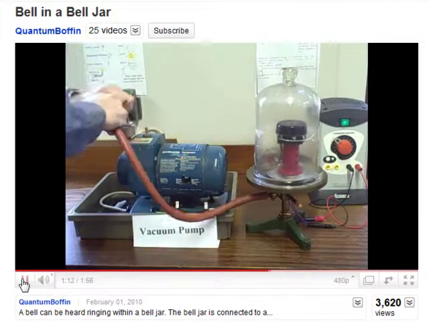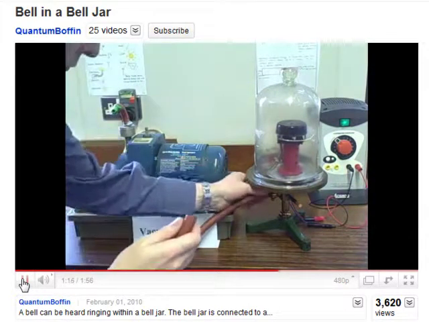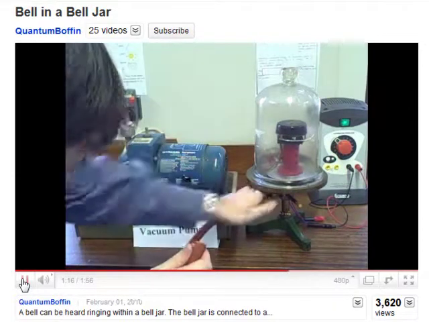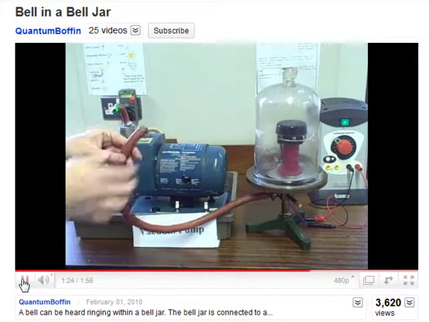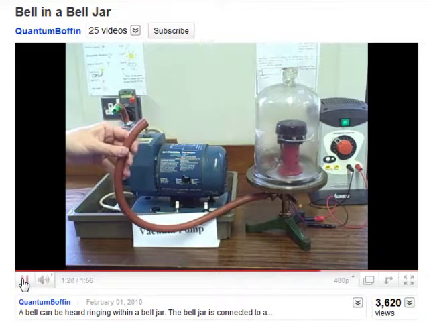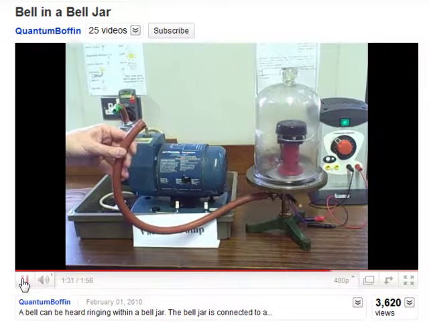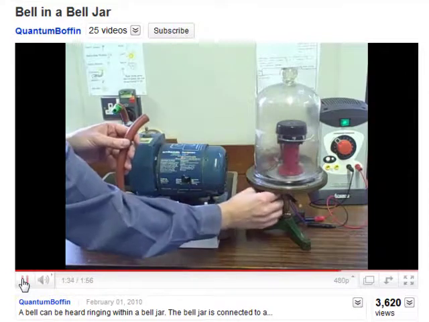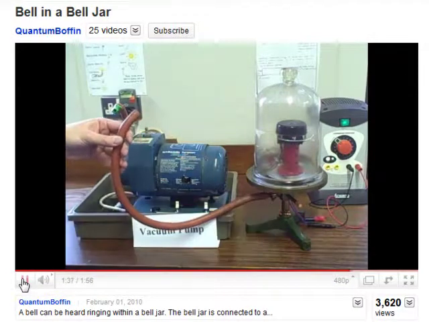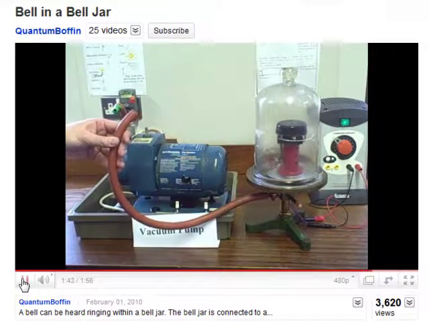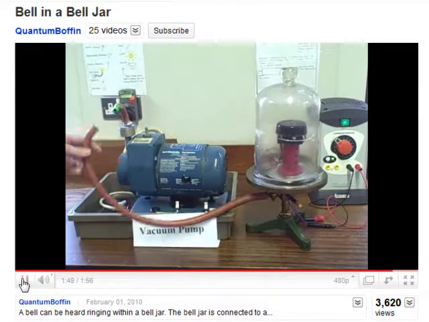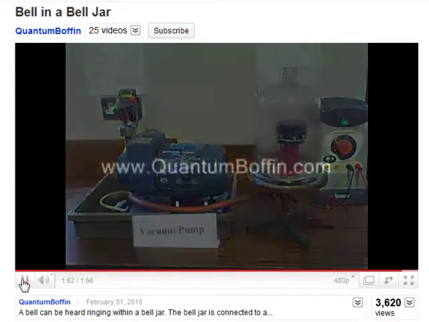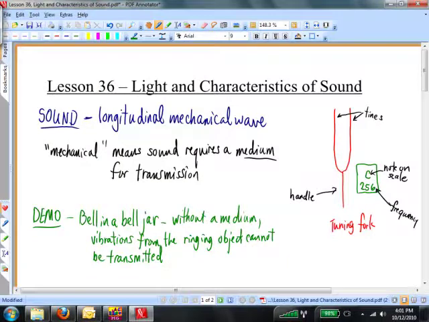You may be able to hear a slight vibration here before air is reintroduced. But as there's more and more of the medium reintroduced, the sound becomes louder and louder. If there's no medium, then there's not going to be any sound.